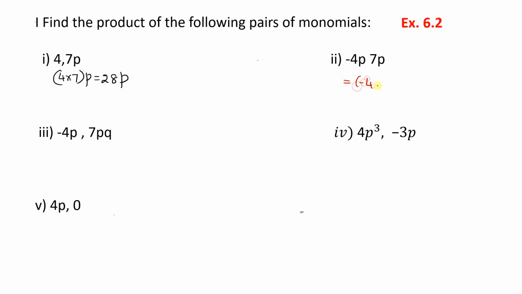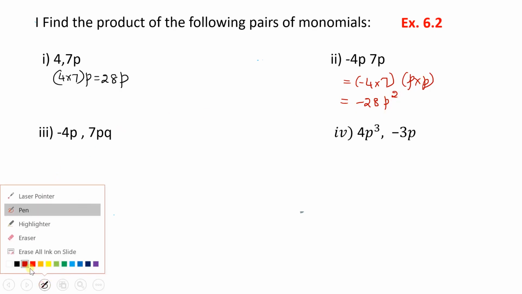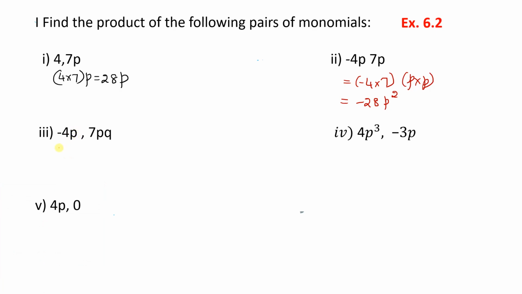Find the product of the coefficients into p. That comes out to be minus 28p square. Then minus 4p into 7p cube: minus 4 into 7 into p. We don't have any q term here. That comes out to be minus 28p square cube.